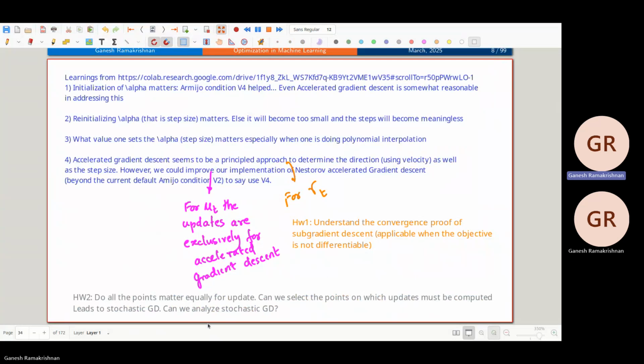So both initialization and reinitialization of step size in a principled manner.